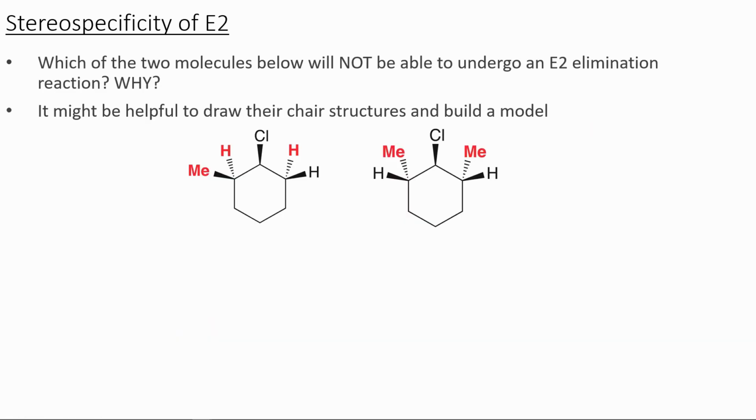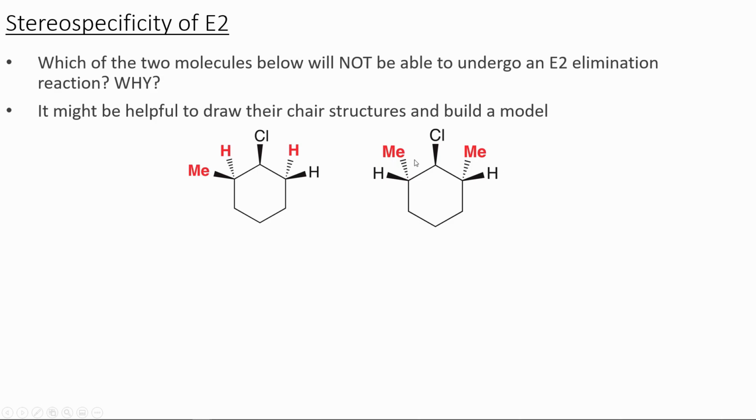So keeping this in mind, let's take a look at these two molecules. Only one of them is going to be able to undergo elimination. Which isomer can undergo elimination? If we look here, the leaving group is trans to these two hydrogens. And here the leaving group is trans to two methyls.